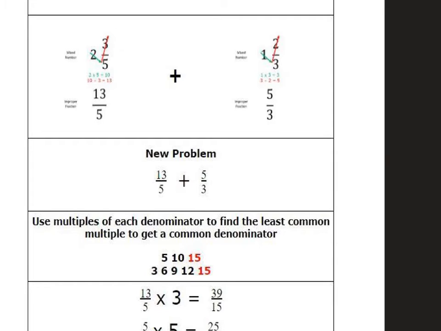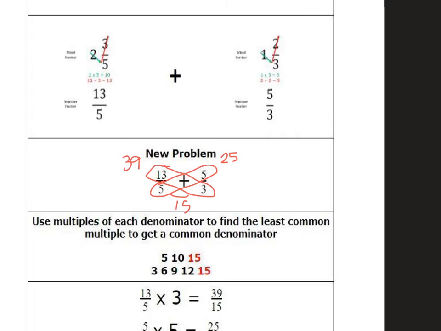You can either do the butterfly, so that you multiply 13 times 3, that would be 39, and 5 times 5, that would be 25, and then you multiply down here, that would give you 15.